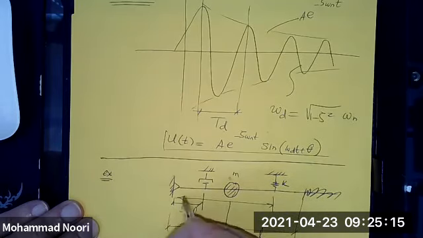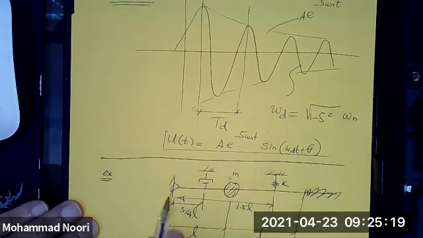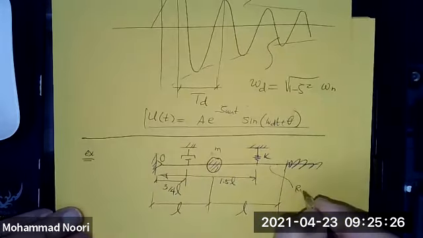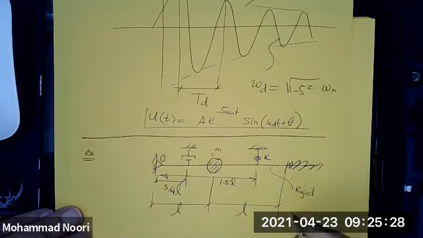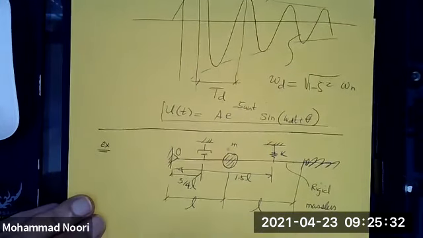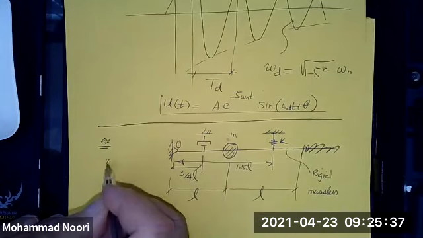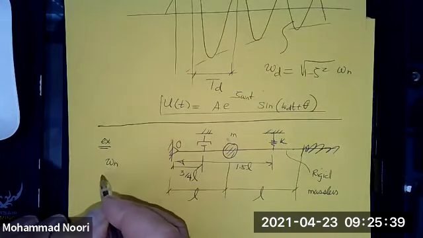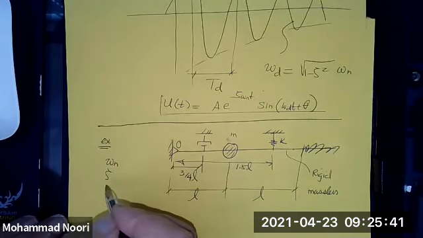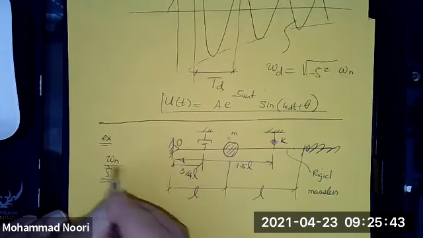The spring is located at a distance L from this end point O. So this is rigid and massless. So we are going to look at this problem, find the natural frequency, and evaluate the damping ratio.